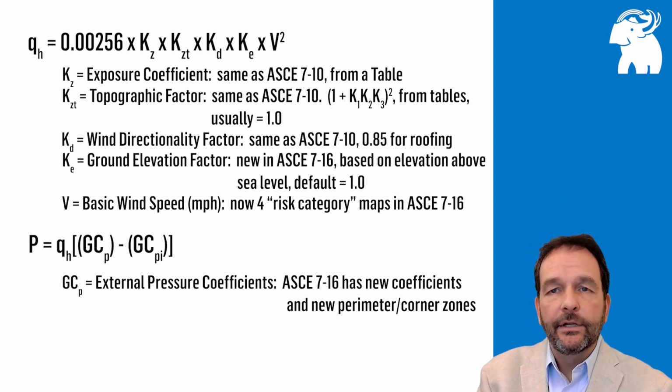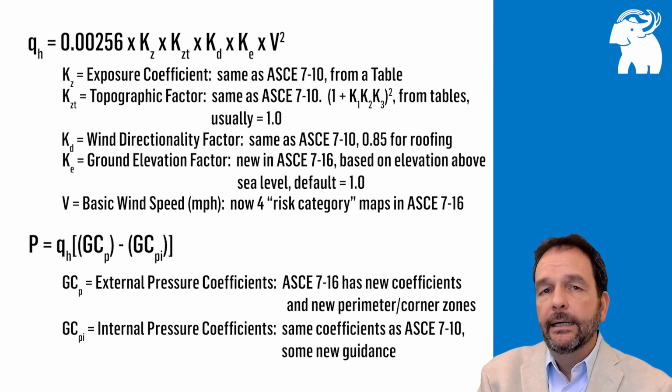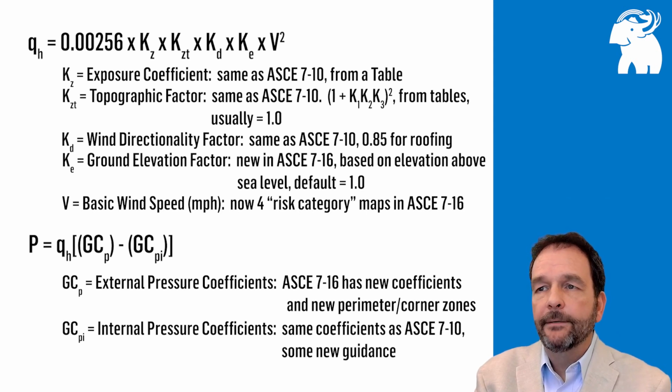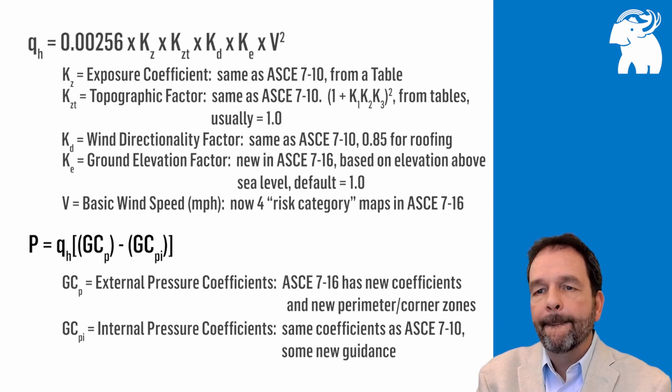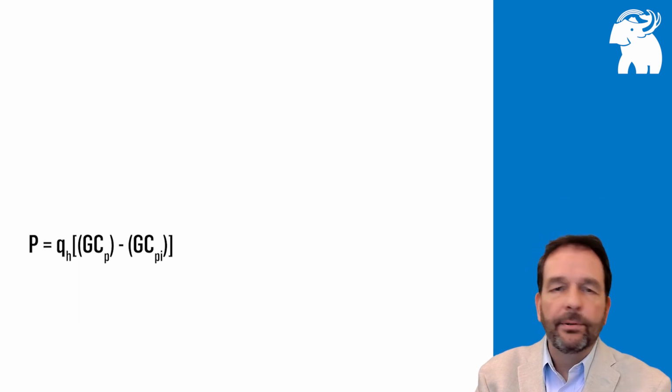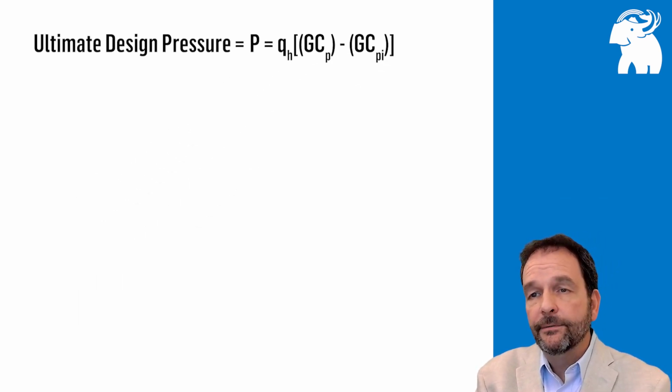And then we plug in our internal pressure coefficients, the same as they were before in ASCE 7-10. And you would pull that from a table. There's some new guidance for you in ASCE 7-16. Basically, you have an enclosed building and a partially enclosed building scenario to look out for. Then once we plug in all these variables, now we can come up with our ultimate design pressure.